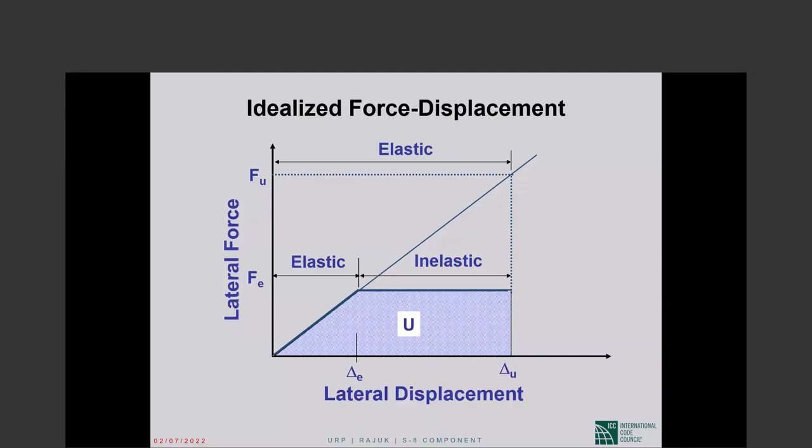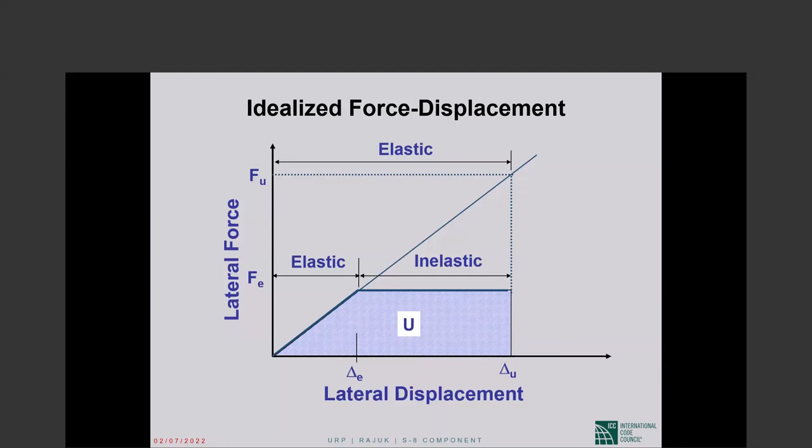The earthquake passes, we don't get our structure back intact anymore. In order to avoid collapse, these inelastic deformations must be within the inelastic deformation capacity of the structure.